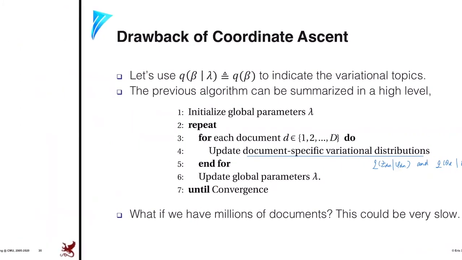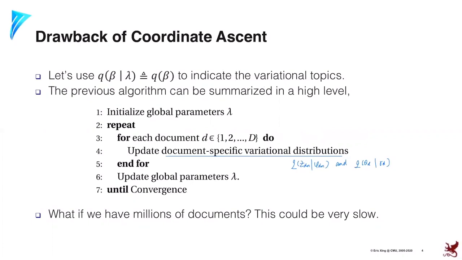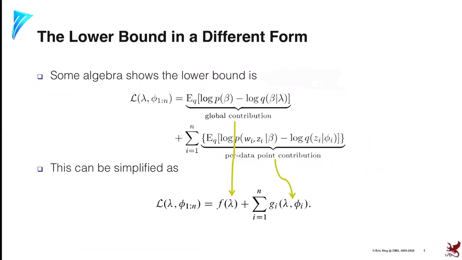In this algorithm, we should note that all the documents are looped before updating the global parameters. And this actually will become a problem when there are too many documents. So the updating of the model will be very infrequent, and therefore it will be very slow. So we should consider solving those drawbacks.